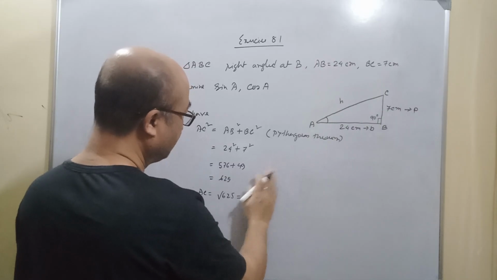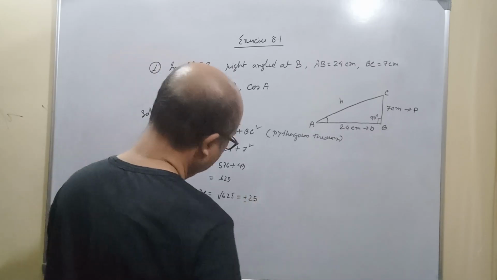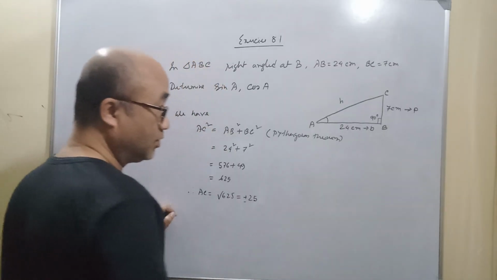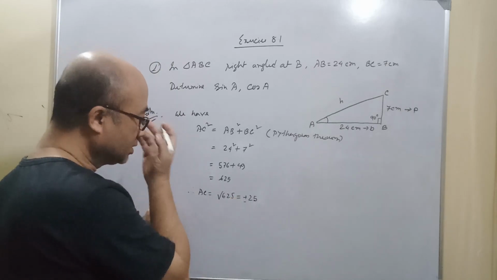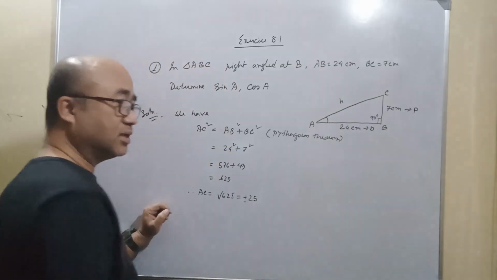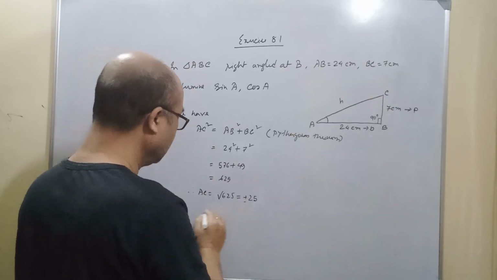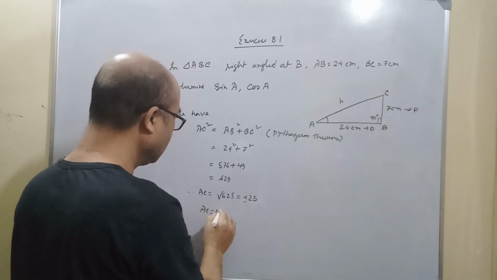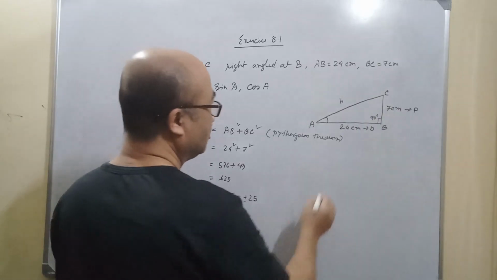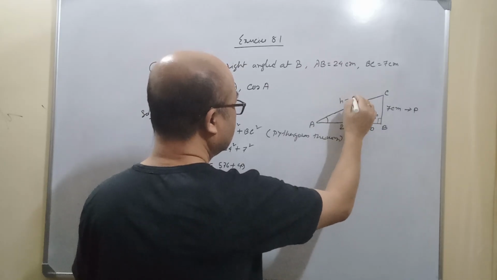So AC is equal to plus minus 25. But we will reject the negative value because AC is the length of the hypotenuse and length cannot be negative. So we take the positive value. So that means AC is equal to 25 cm.